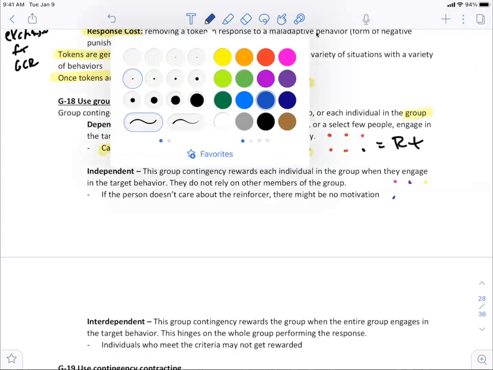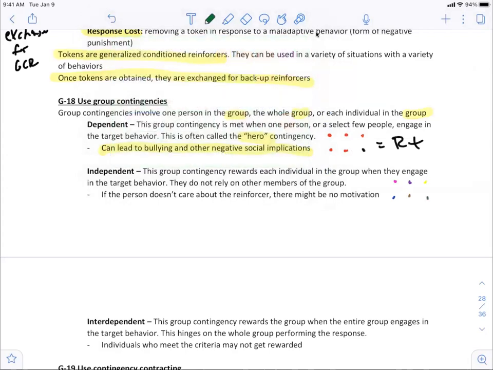And each person dictates their future. The person doesn't care about the reinforcer. There might not be motivation, because it doesn't matter if 5 of our students here complete the task. The person who doesn't won't get reinforced. Each individual in the group.